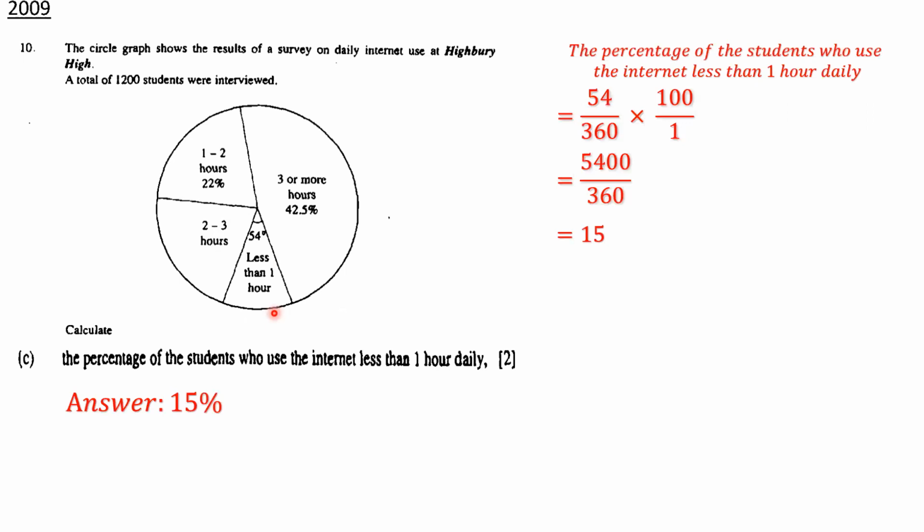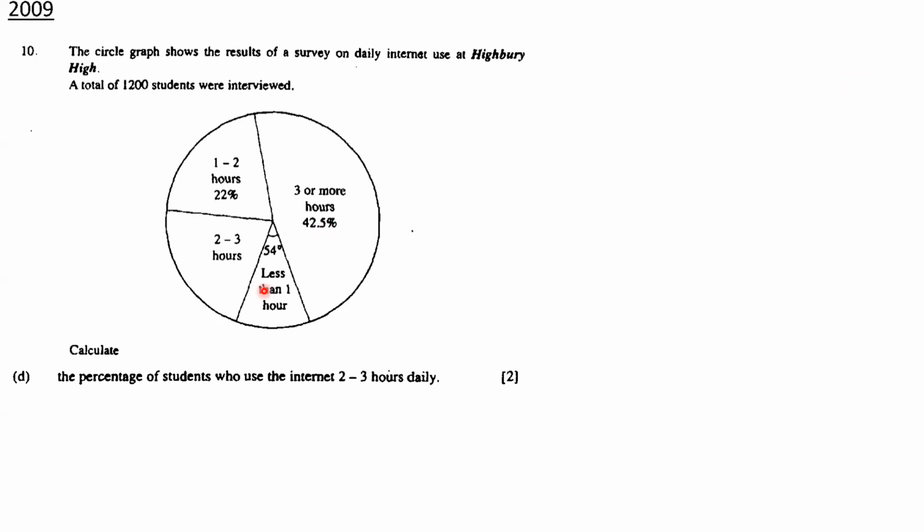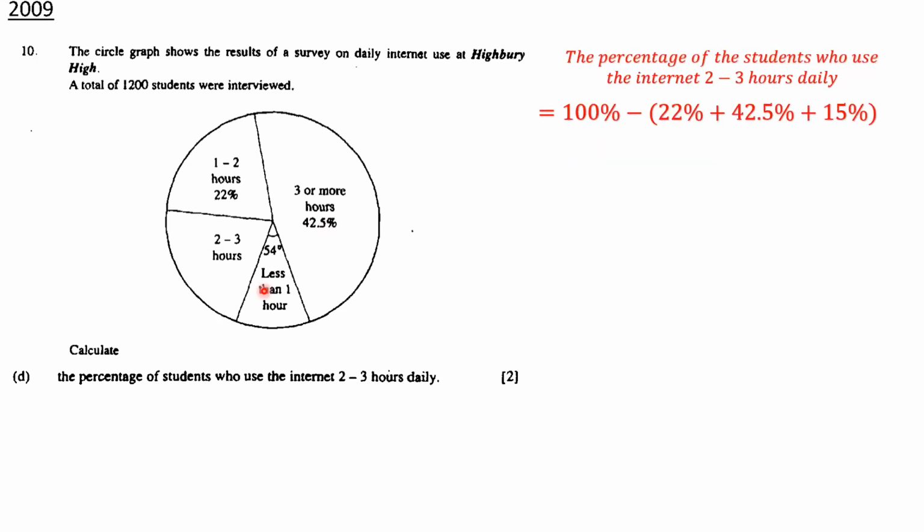So we add those three together and subtract the total from 100 to get the percentage for 2 to 3 hours.